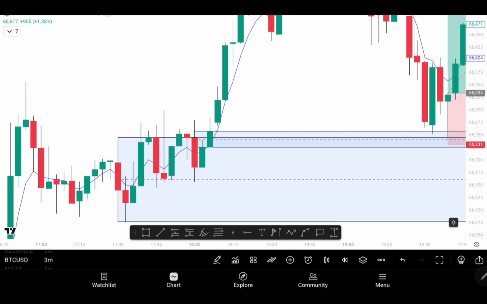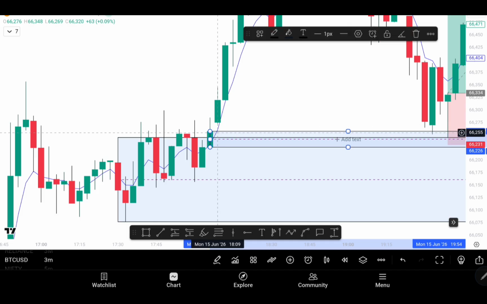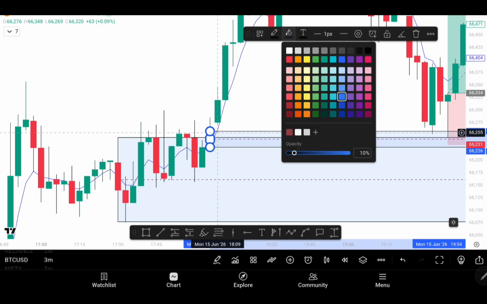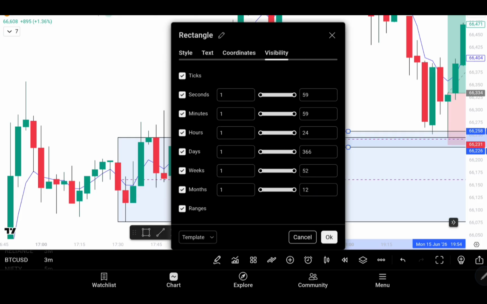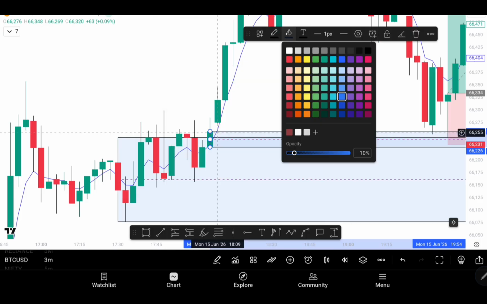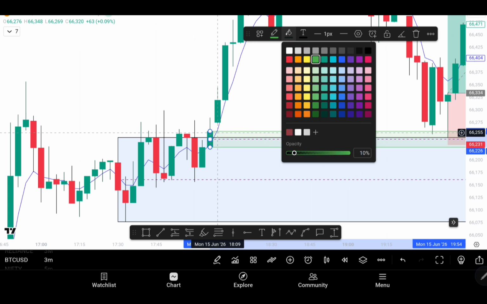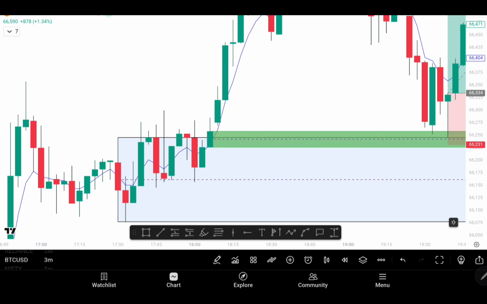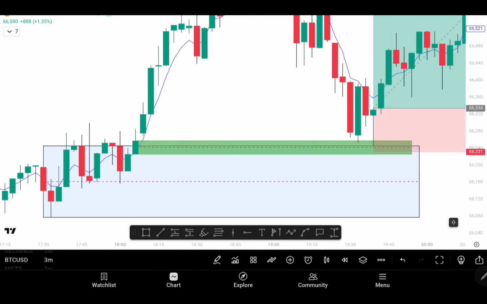So I have marked this as our demand zone. I will color it differently, so you will get to know. I have marked this as the demand zone. Opacity I will increase. This demand zone I will consider. Okay. Now that is simple.